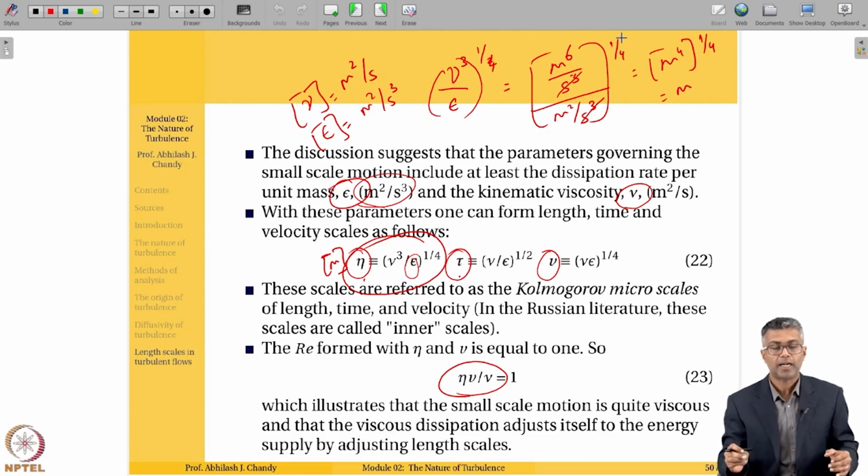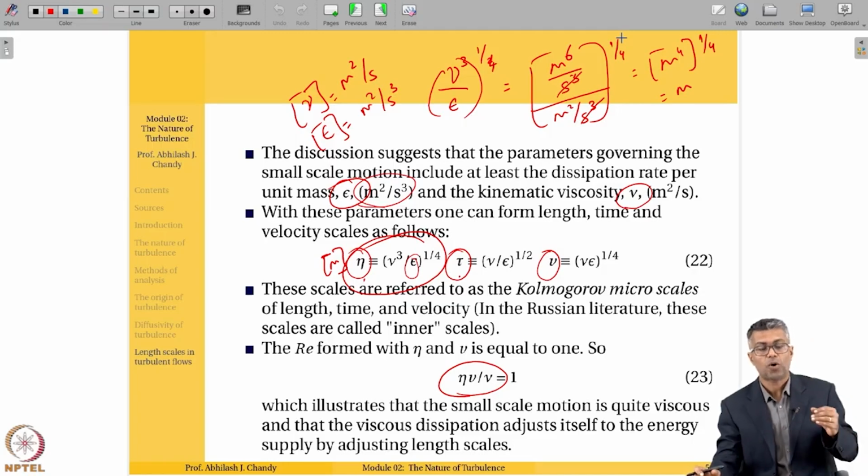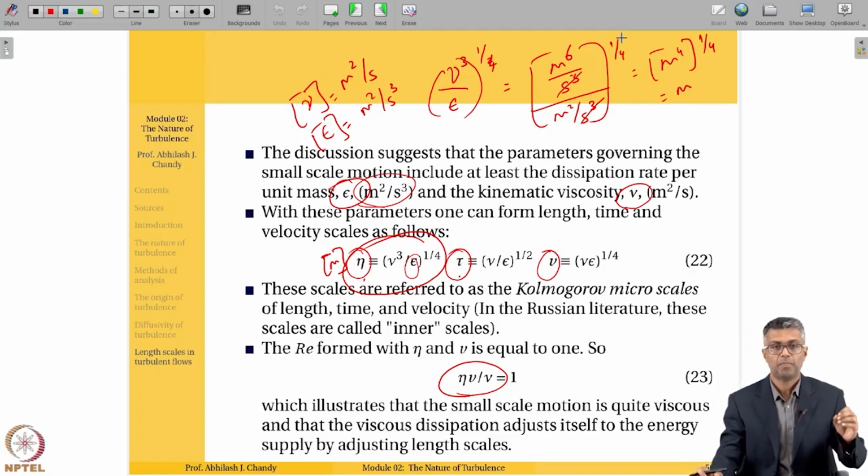He assumed it to be the smallest whole number, 1. That's also an assumption he made: since the scales are very small, the Reynolds number is of the order of 1. So eta v over nu is equal to 1.